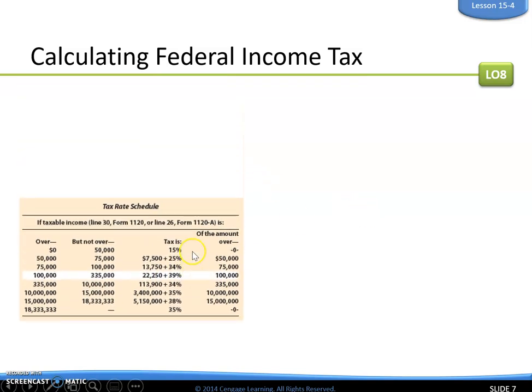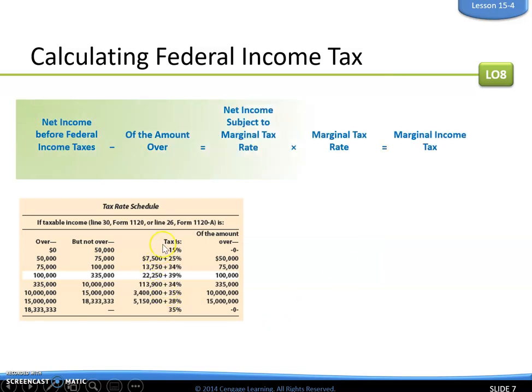What that's telling us, if we look at the next line, is that we're going to pay a base tax of $22,250, and then we're also going to pay 39% tax on the amount that's over 100,000. Whatever net income we have over 100,000, we're going to pay 39% on that.